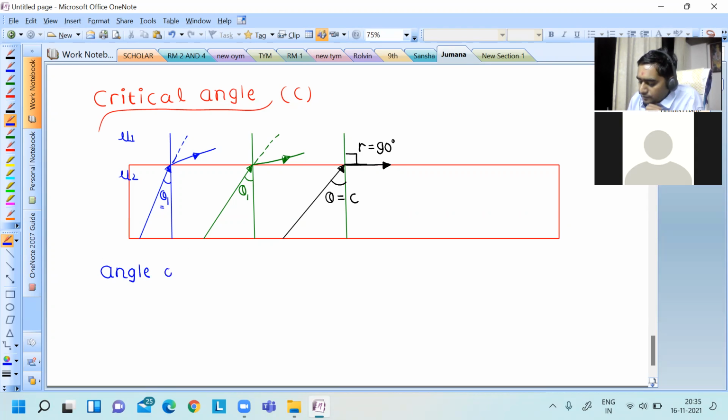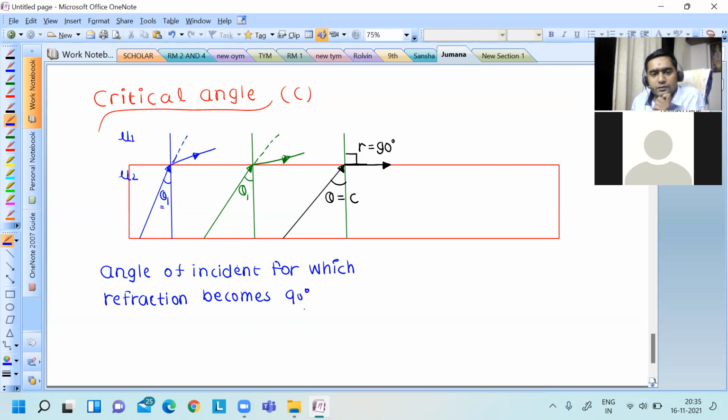Angle of incidence for which refraction becomes 90 degrees.